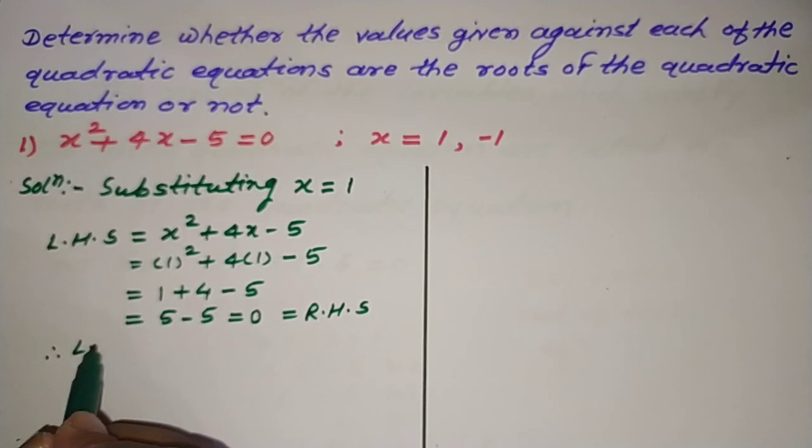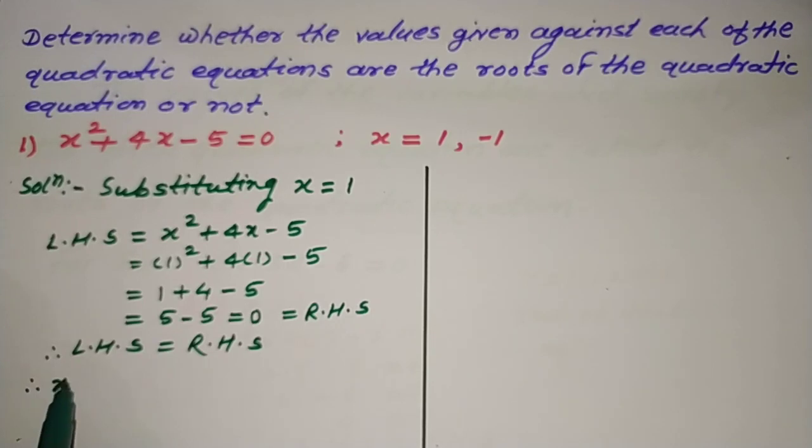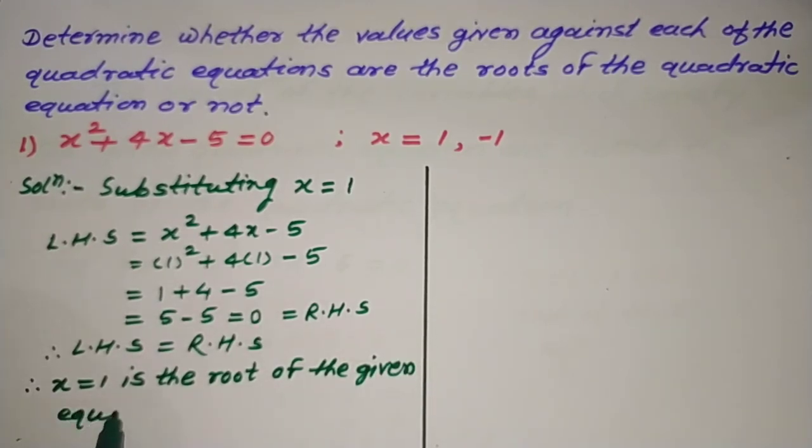Therefore, the left hand side is equal to the right hand side. Therefore, x is equal to 1 is a root of the given quadratic equation.